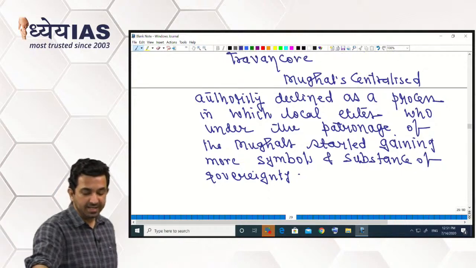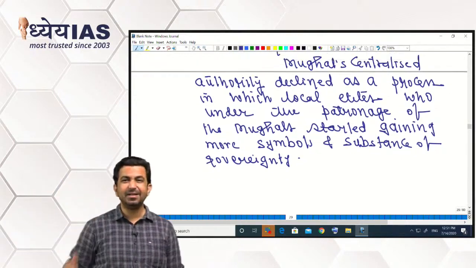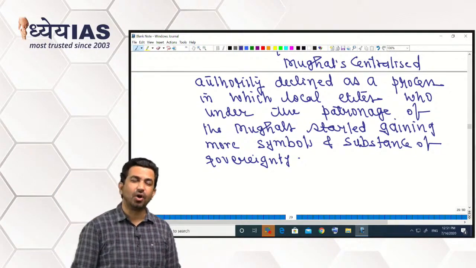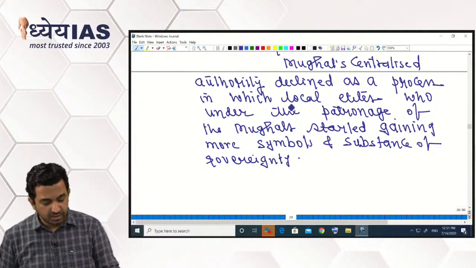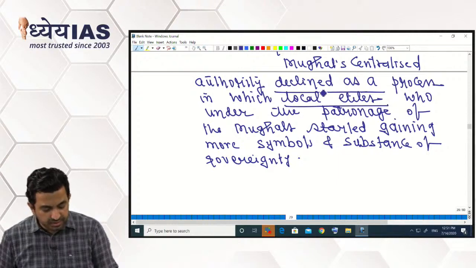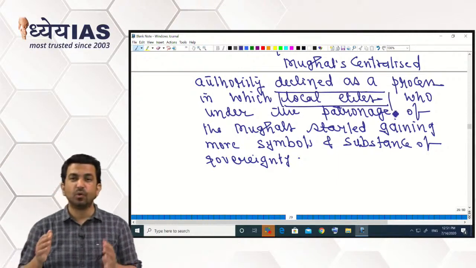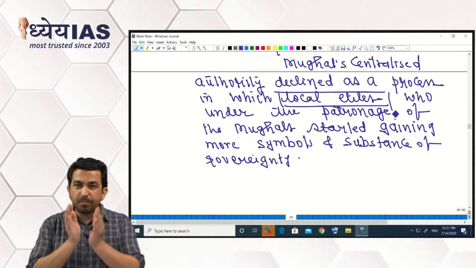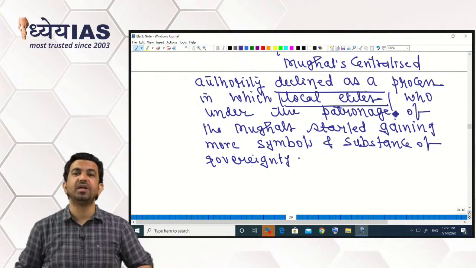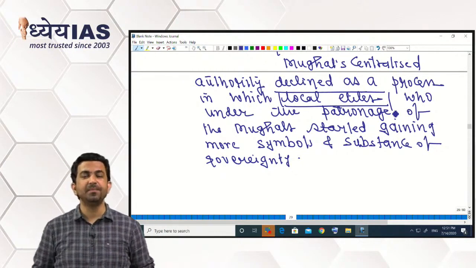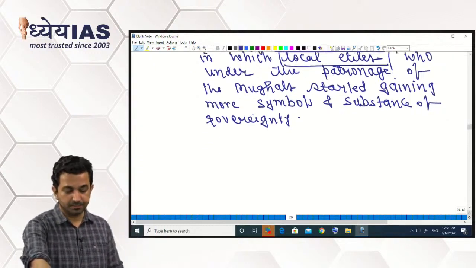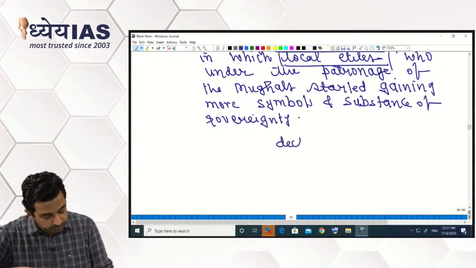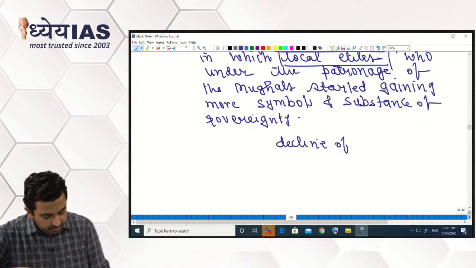So decline of the central authority means local magnates, local elites, they were going to concentrate more powers within their own hands. So that's why nobles and courtiers grew stronger. Okay, so decline of the central authority.